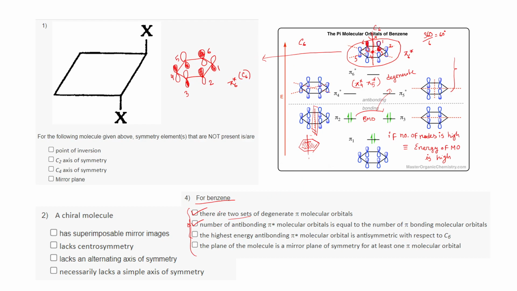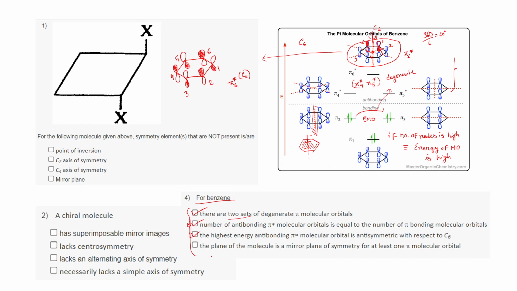So this pi 6 star, this antibonding molecular orbital, is antisymmetric with respect to C6. C6 can't be a symmetry element for that pi 6 star molecular orbital. So this is actually a correct answer, that it is antisymmetric with respect to the C6 rotation.